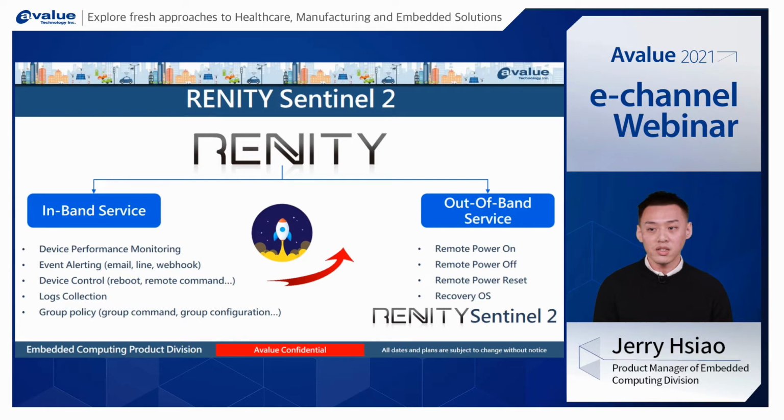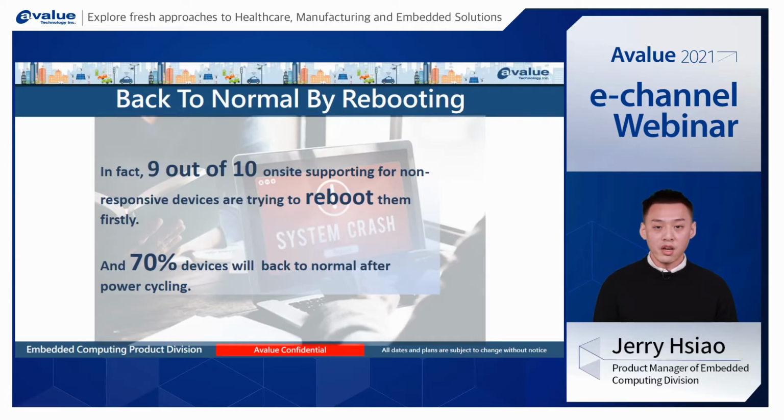So we have RENITY Sentinel 2 to do power on, off, and reset remotely, which is an out-of-band service. In other words, RENITY Sentinel 2 is dual-band, including IB and OOB. Besides, statistics show that for 90% of non-responsive devices, we can simply reboot the device, and 70% of mission-critical devices will be back to normal after power cycling.